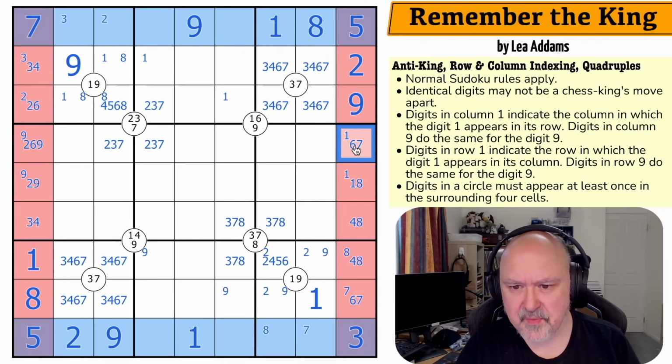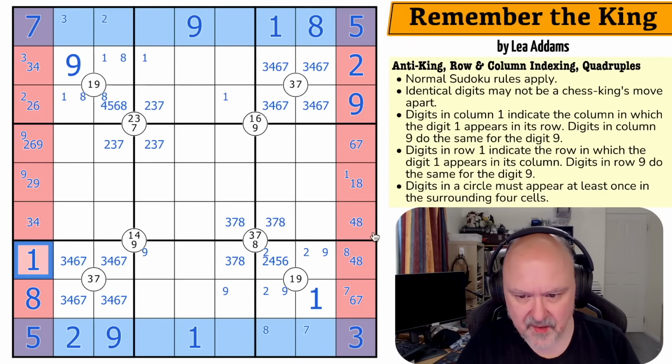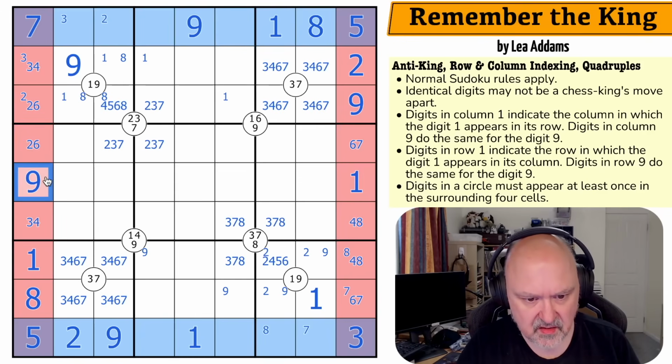So this can't be a 1 because that would put a 9 here, and then there's no 9 around here. Sorry, if this was a 9, this would be a 1 and it can't be. So this is the 1. And this can't be a 1, so that can't be a 9, and this is the 9.